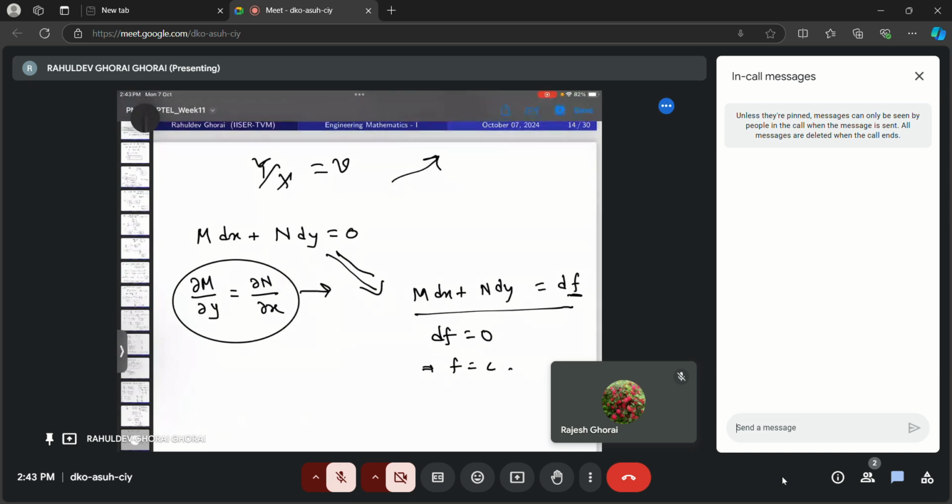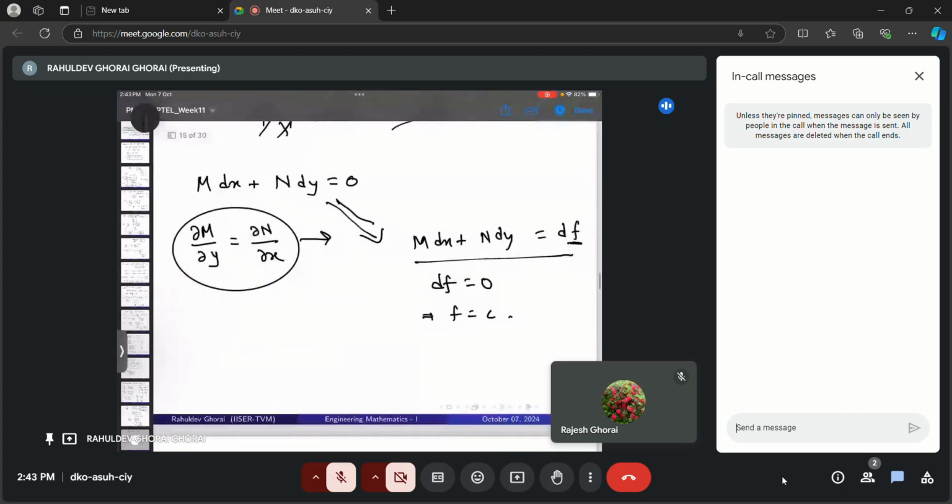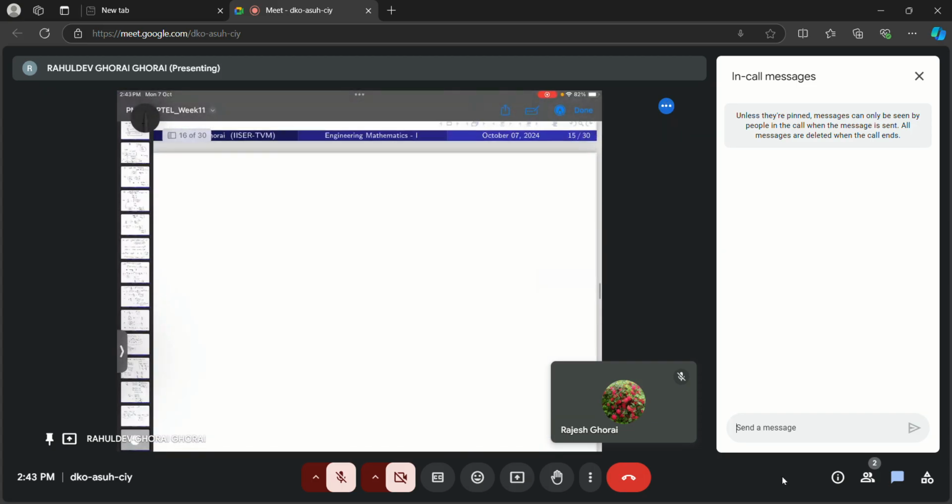So let's say this equation: (cos y + y cos x) dx plus (sin x - x sin y) dy is equal to 0.